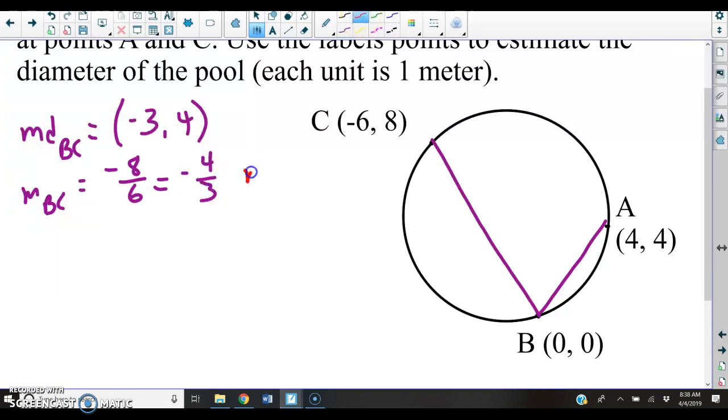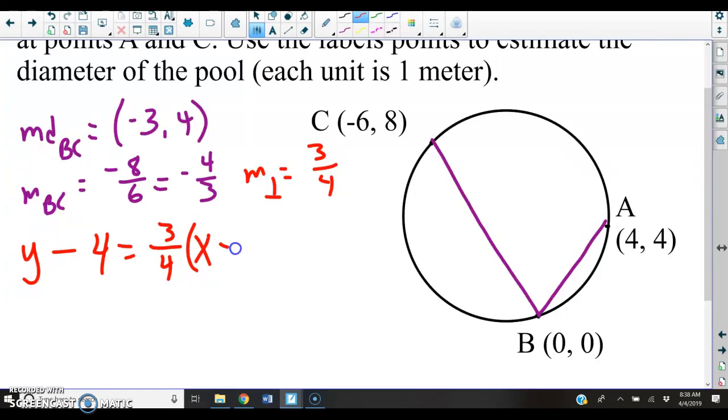So the slope of the perpendicular would be 3/4. And when I go back to that form, y minus y1 equals slope times x minus x1.